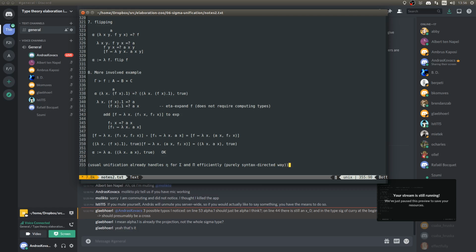So the thing which I get back from this inversion operation already takes into account the eta for sigma and pi. And that's why I do not have to use explicitly all of these given isomorphisms which shuffle the sigmas around or flip the arguments of a function. Because here we have a very nice solution in usual unification, we can just use this to enhance spine inversion by using this unification in a recursive and mutual way.